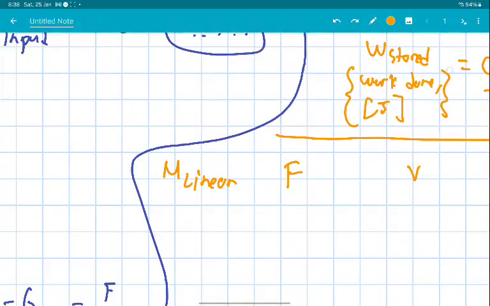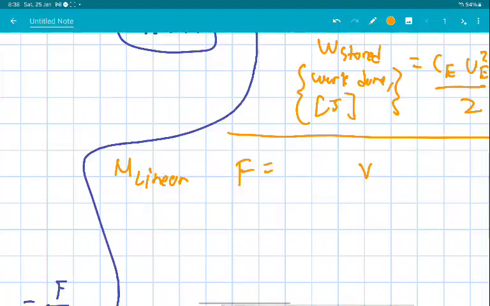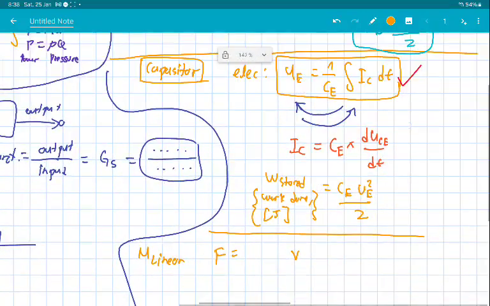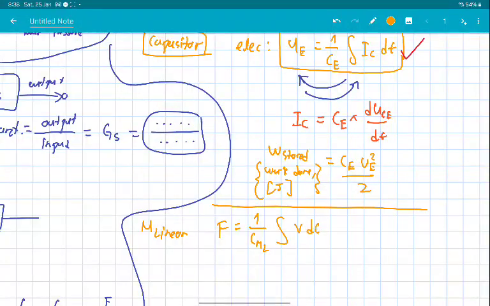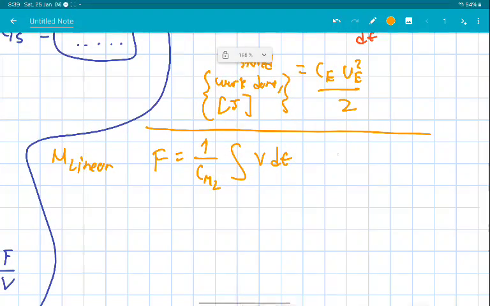In mechanical linear, we write this formula as, initially we wrote 1 over CE. Here we write 1 over the mechanical capacitance, and then the integration of V dt. Mechanical capacitance is actually mass. So it's 1 over m integration of V dt.